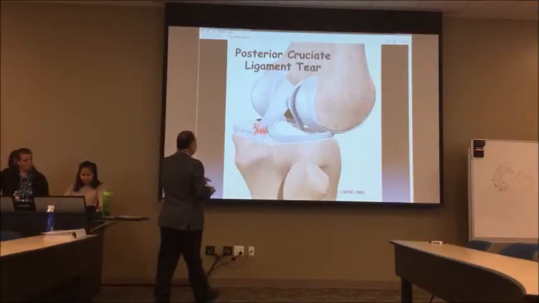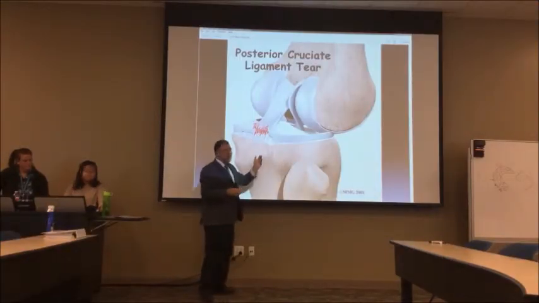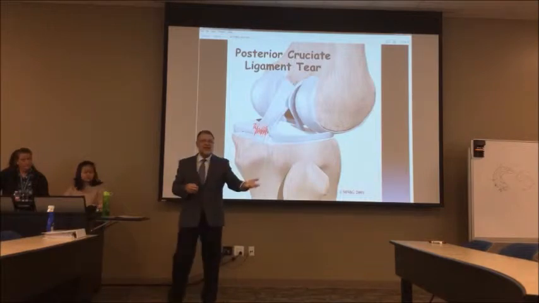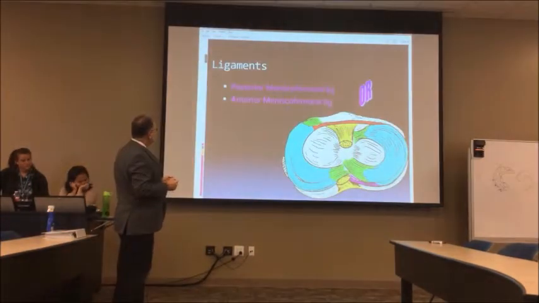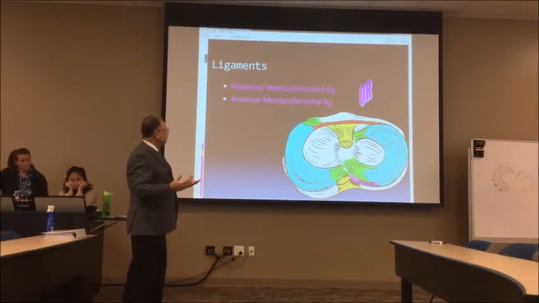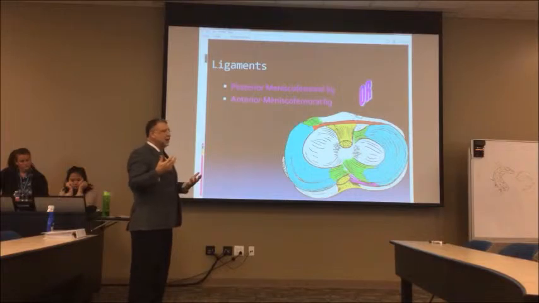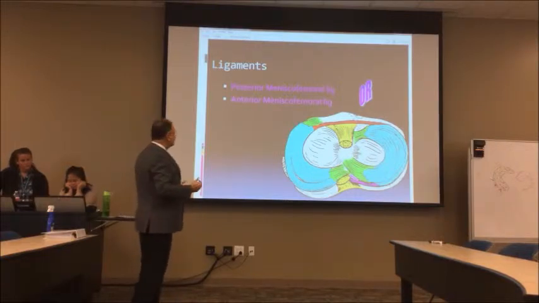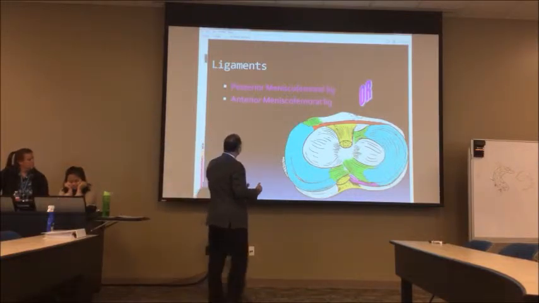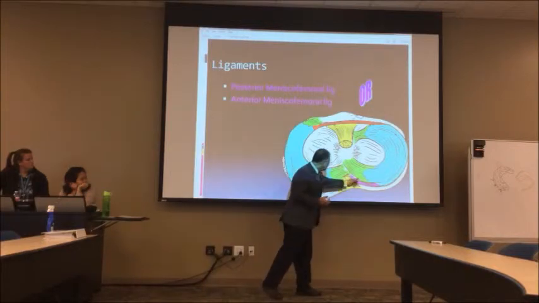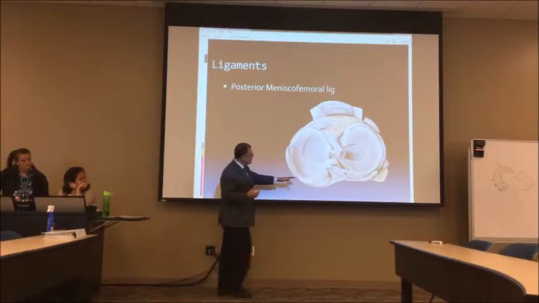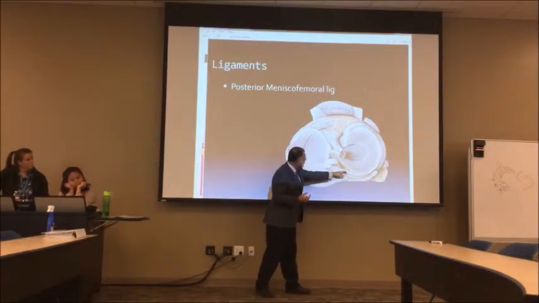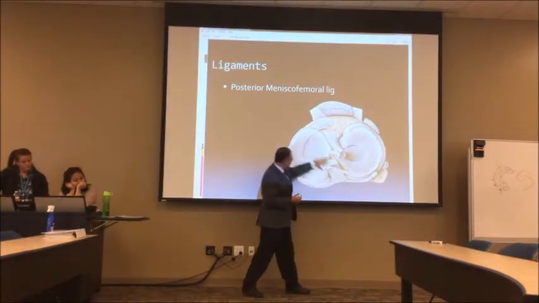Posterior cruciate ligament can be torn. It's not as common or often as the anterior, but it might happen. Both of the meniscofemoral ligaments are considered sometimes to be not consistent in all patients, but really both of them are present there, and you can see them here as the anterior and posterior meniscofemoral.